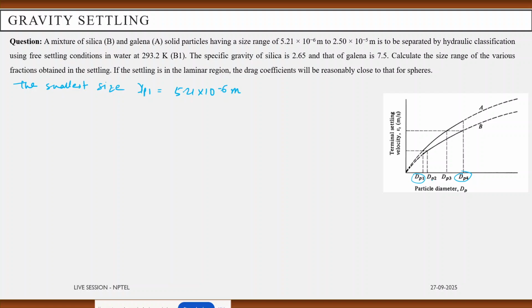So we need to calculate the values of dpa3 and dpb4, because they are related to equal settling velocities.